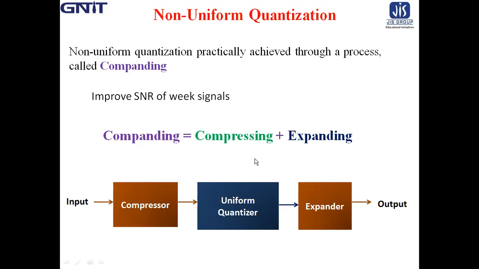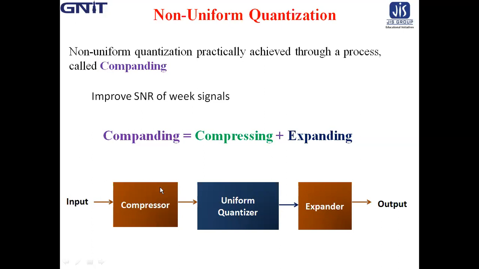So non-uniform quantization is actually nothing but: first it goes for compression, then the uniform quantizer, then it goes to the expander. And the compressor and expander functions are just reverse.